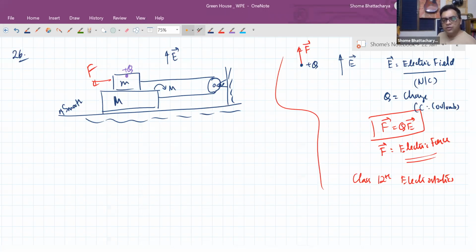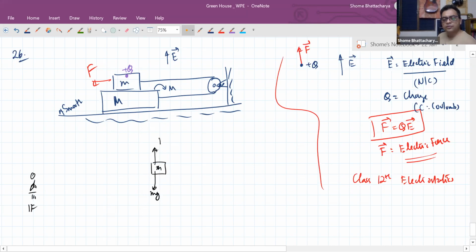So on this upper block now, in inertial frame only, on the upper block with the charge attached to it, there will be forces of its weight, electrostatic force, which we can write like this, QE. Okay, so this is your electrostatic force because of this electric field.